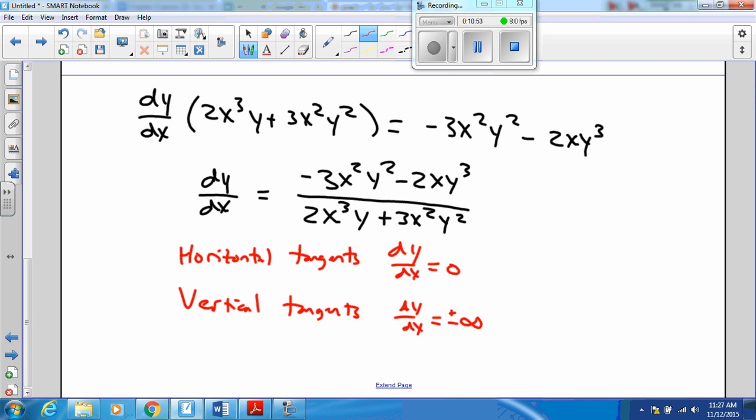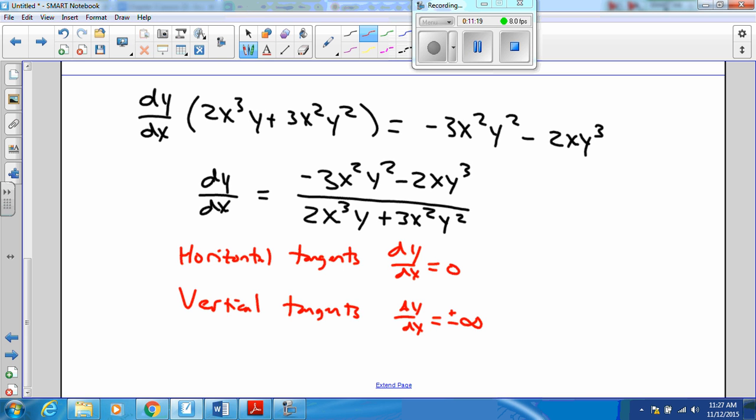Now, question. Do you think it's worth trying to simplify the top and the bottom at all? I think it probably is. And here's why. Because I am trying to find where the top is 0 and the bottom is 0, it makes sense to make those as small as possible before I go solving for solutions. What common factors do you see?